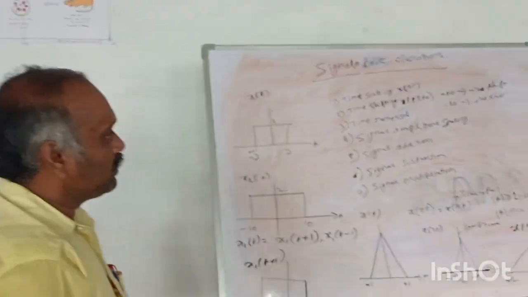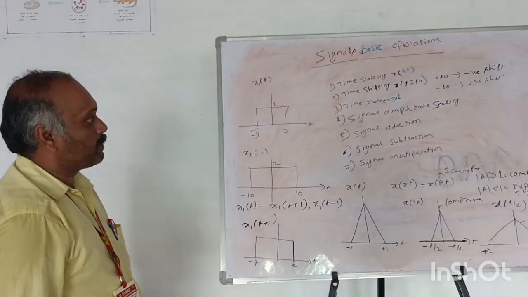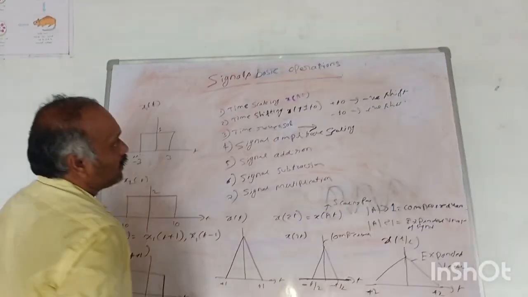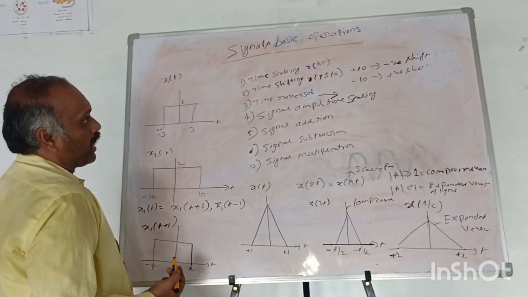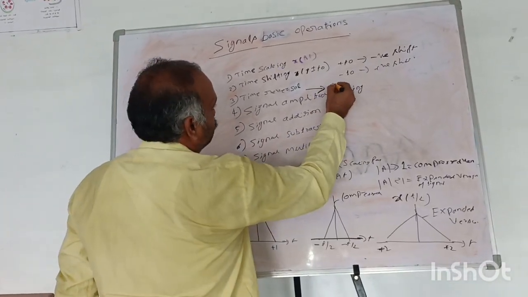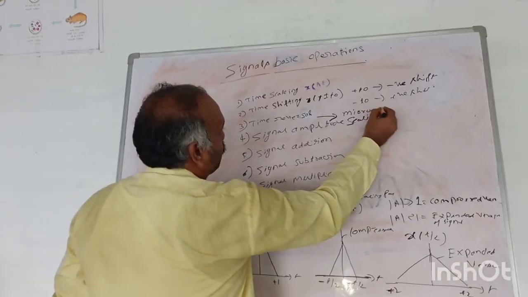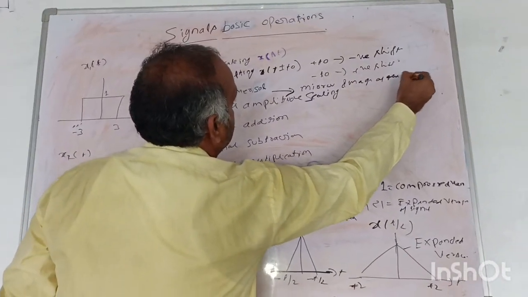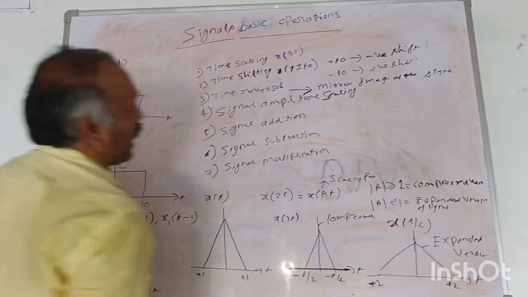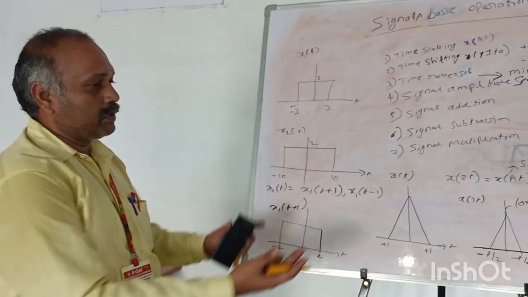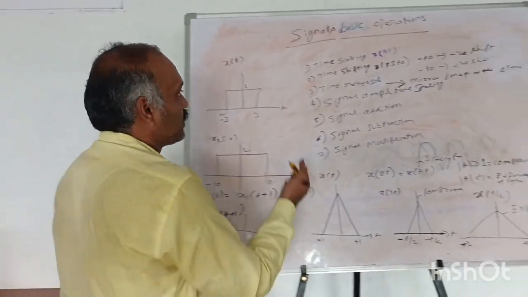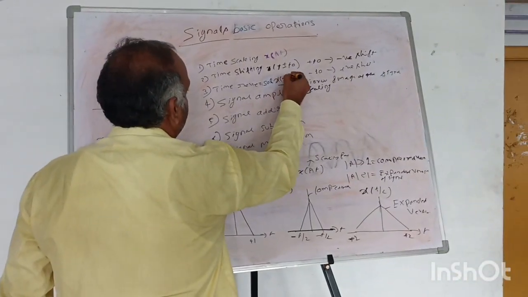And the third operation is time reversal. It is easy to remember. Time reversal is what we call the mirror image of the signal. That means you draw the signal and put a mirror in front of it, and whatever image you see is the time reversed signal. It is always represented with x of minus t.